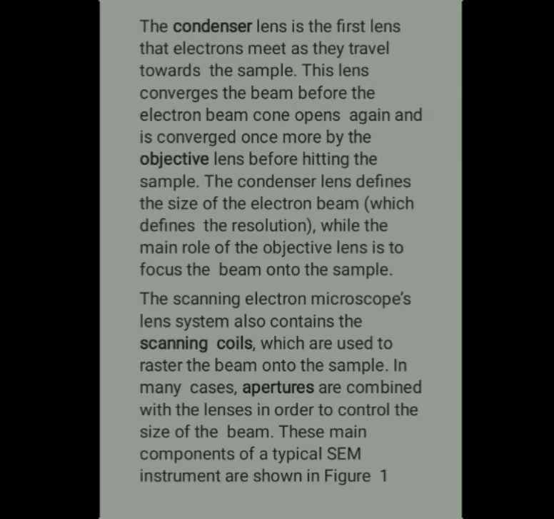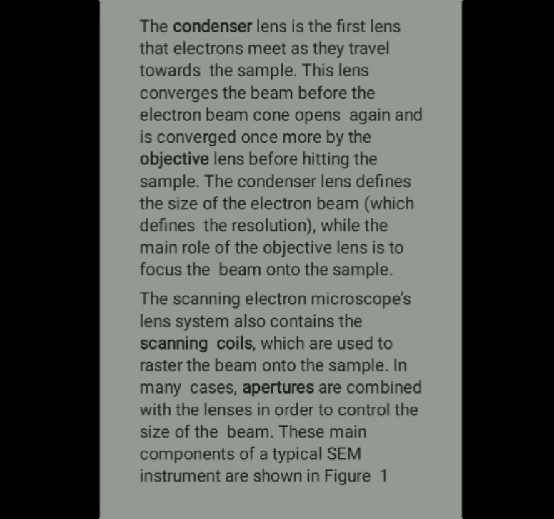The condensing lens is the first lens that electrons meet as they travel towards the sample. This lens converges the beam before the electron beam cone opens again and is converged once more by the objective lens before hitting the sample. The condenser lens defines the size of the electron beam, which defines the resolution, while the main role of the objective lens is to focus the beam onto the sample.